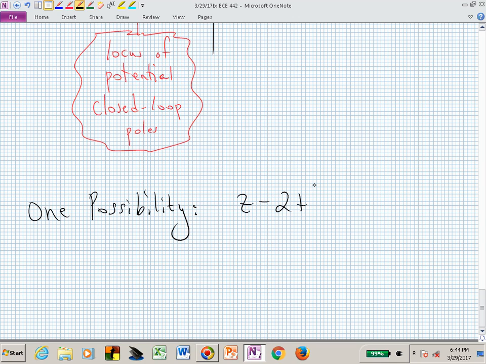z minus 2 plus k. This is our closed loop polynomial. What if we wanted a pole at 1/2? Then we could set that equal to our desired polynomial. Let's say this is our desired polynomial. And do you see that that would give us a way to find what k needs to be?